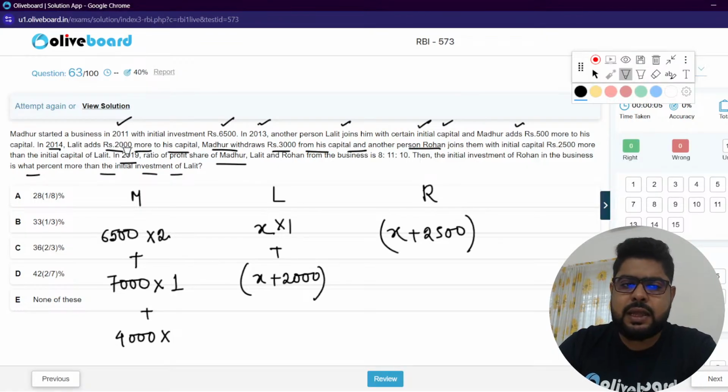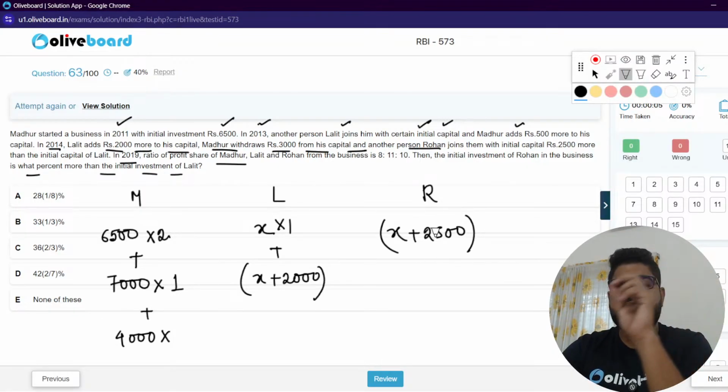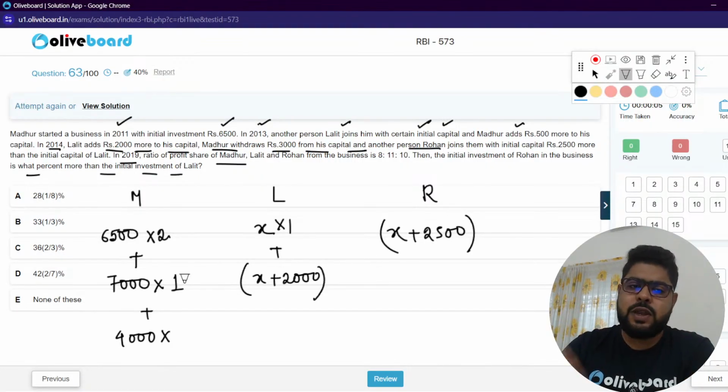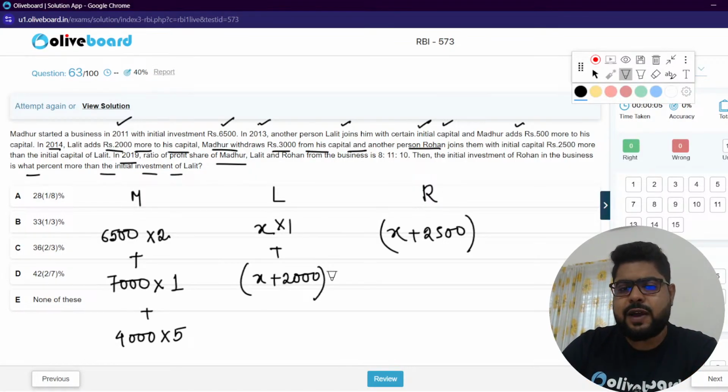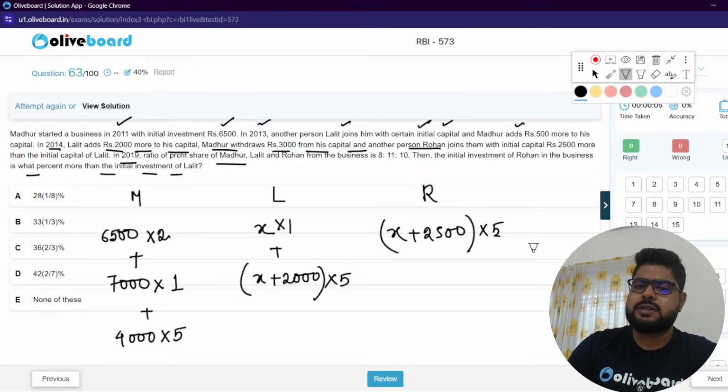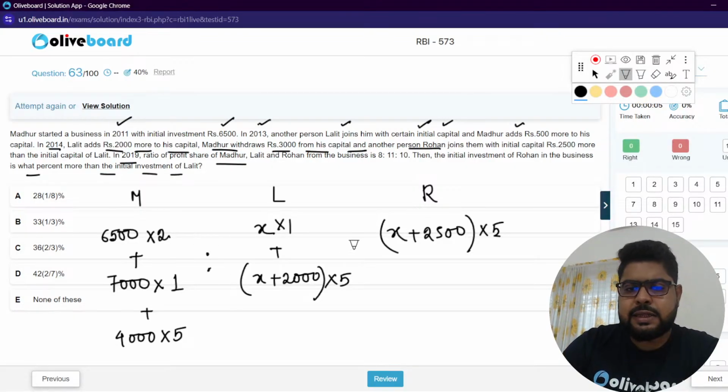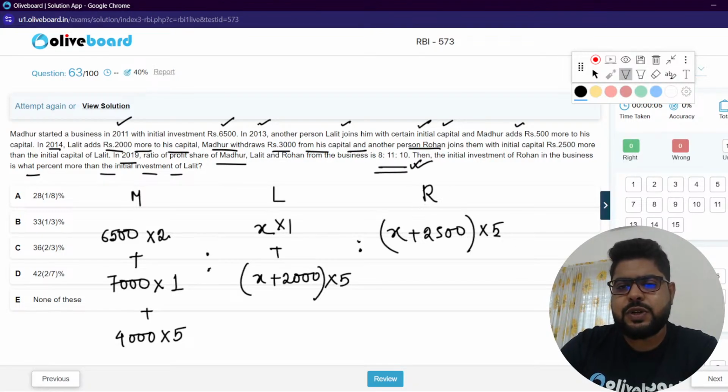This is when we're talking about 2014 and 2019. 15, 16, 17, 18, 19, meaning 5 years. So this was there for 5 years. This was there for 5 more years. So finally, this ratio comes down to 8 ratio 11 ratio 10.